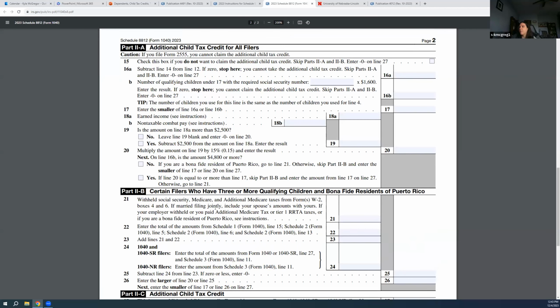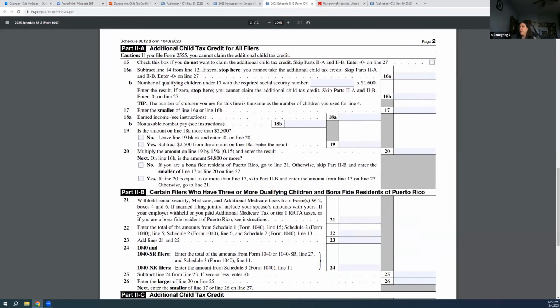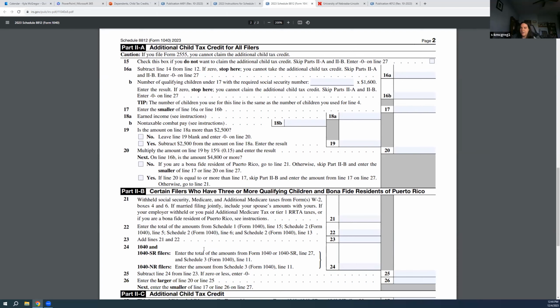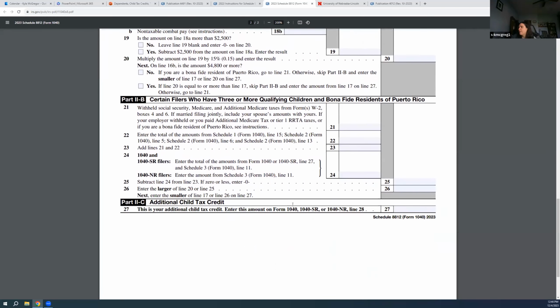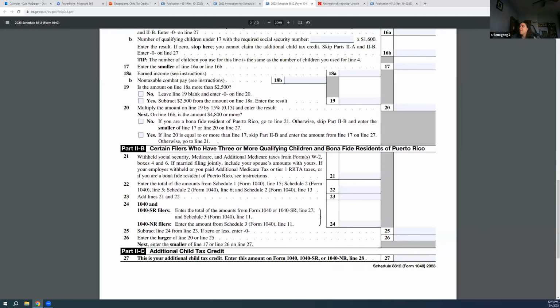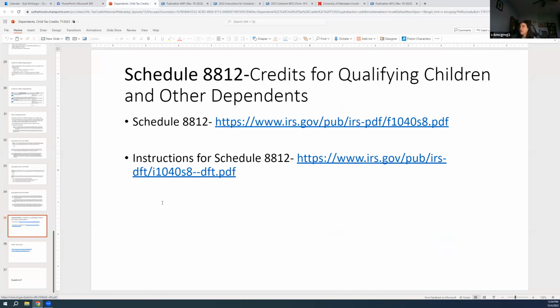And then this bottom part is if you have 3 or more children, then this is the calculation for that additional child tax credit. Or apparently if you're from Puerto Rico, but we don't see too many of those people. And of course, there's instructions. If you really want to get in the weeds on that, you can.